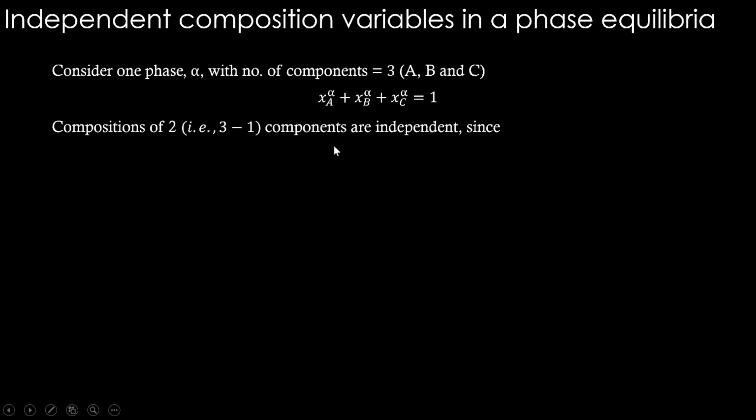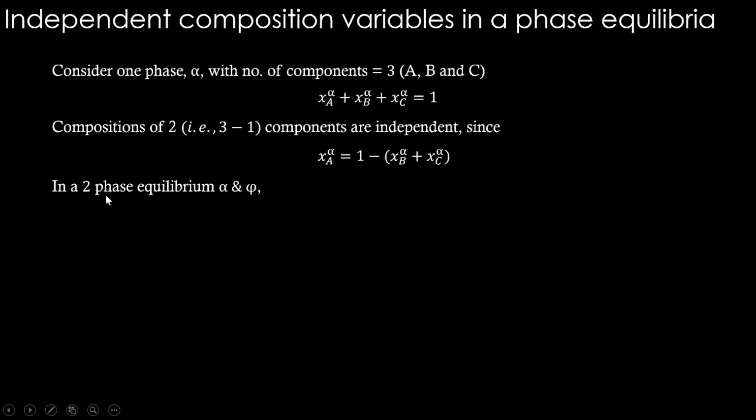Compositions of only 2 components are independent, because the composition of one component, let's say the first, is nothing but 1 minus the others. Therefore it becomes dependent on the others. So only 2 composition variables are independent in a 3-component system.